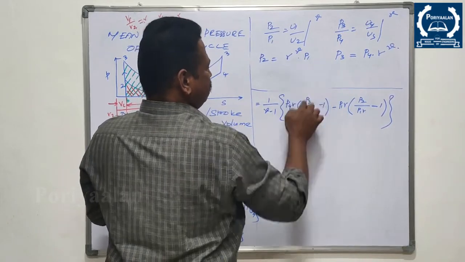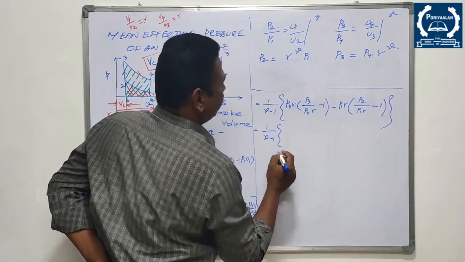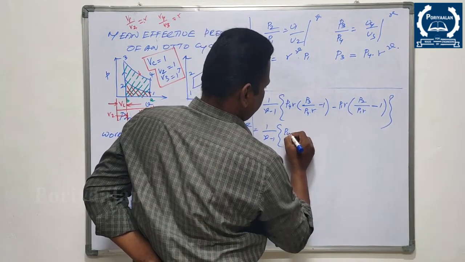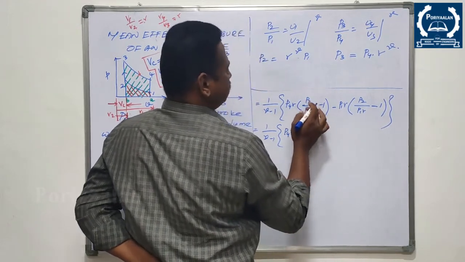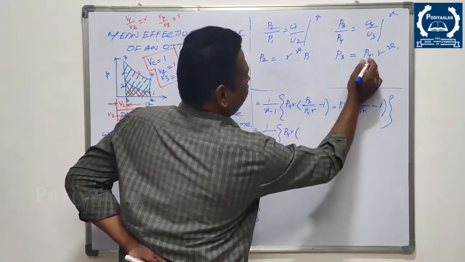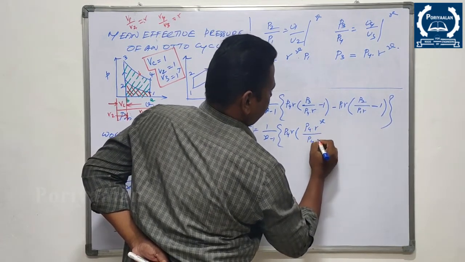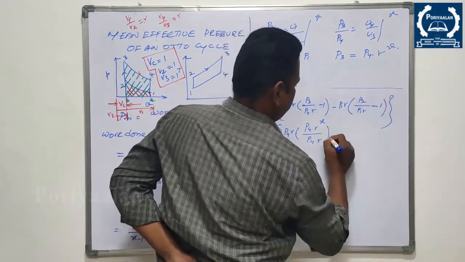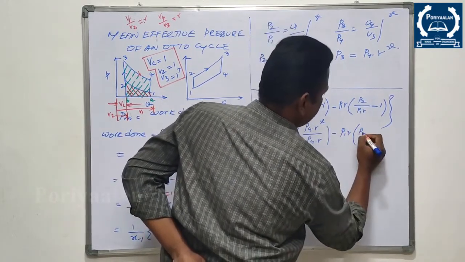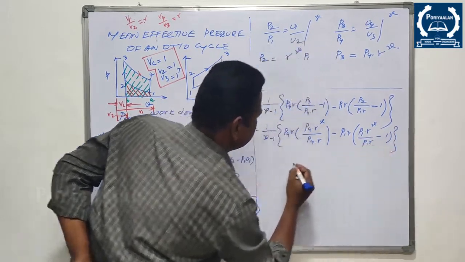So when you are applying these two in this corresponding equation, you will get 1 by gamma minus 1 multiplied by P4r as it is, and P3 can be replaced with P4r power gamma, minus P1r into P1r power gamma divided by r minus 1. Again this equation will become like this.